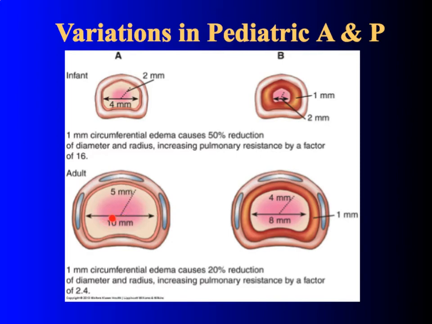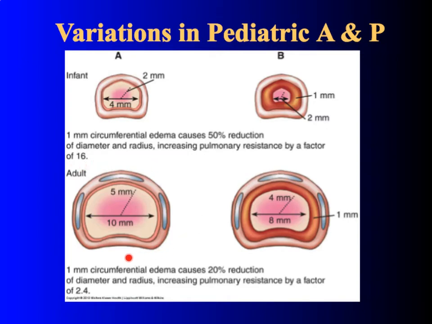When circumferential edema reduces the lumen by 1 millimeter, it causes a 50% reduction in the diameter and the radius. So in an infant it's down to 2 millimeters by diameter, 1 millimeter by radius, and that will increase the pulmonary resistance by a factor of 16.